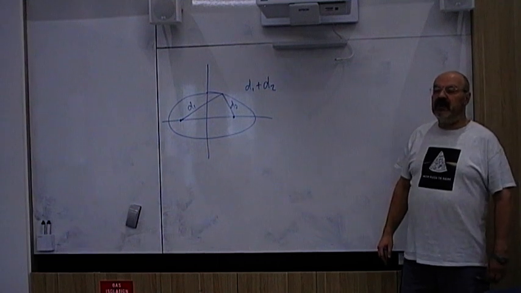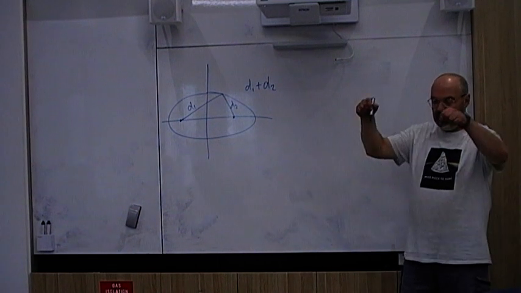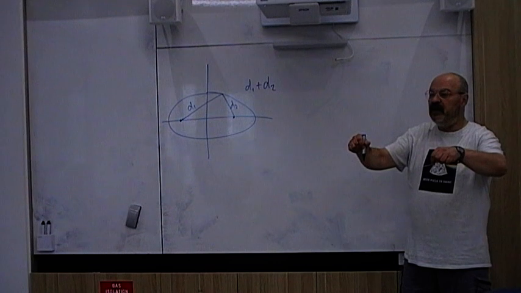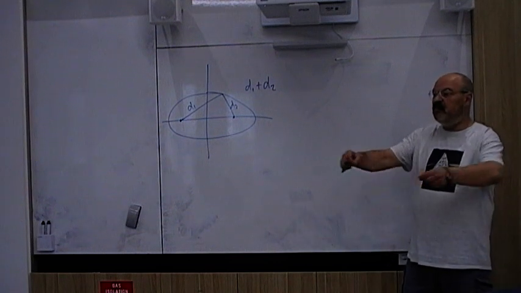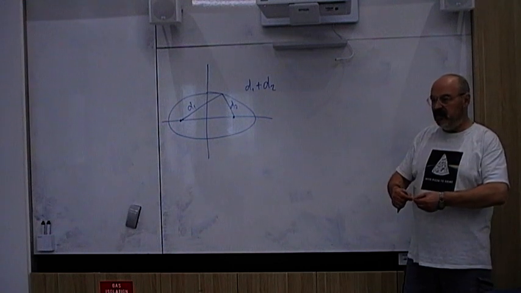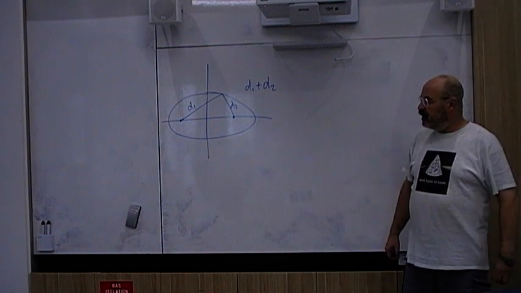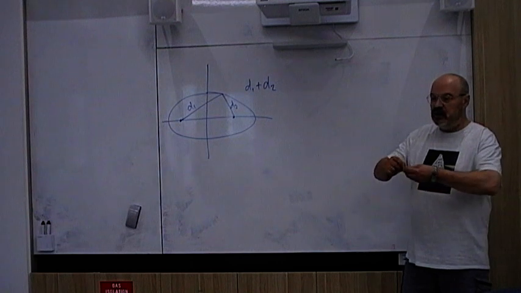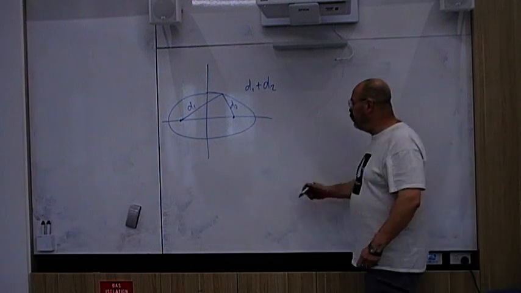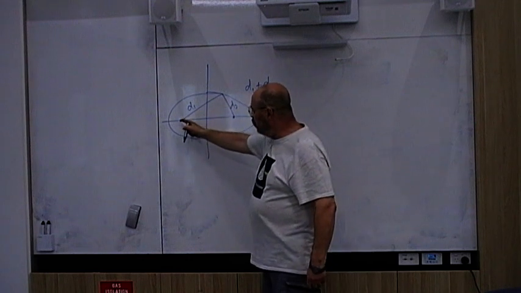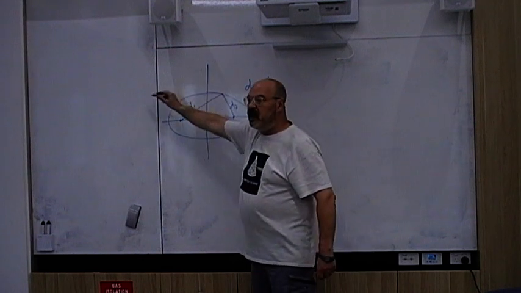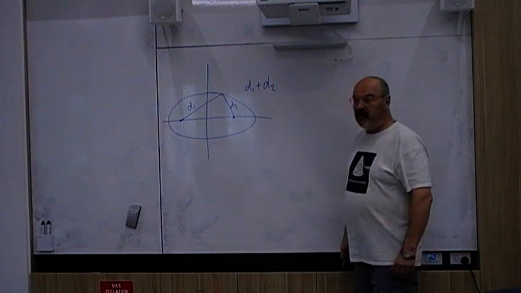To draw a perfect ellipse, you can put 2 pins on the paper, take a piece of thread and tie it into a closed loop, and then you take a pencil and let the thread go around the pins, and you will draw an ellipse.